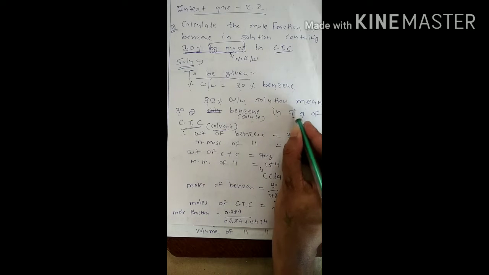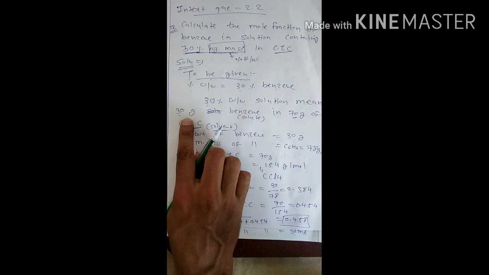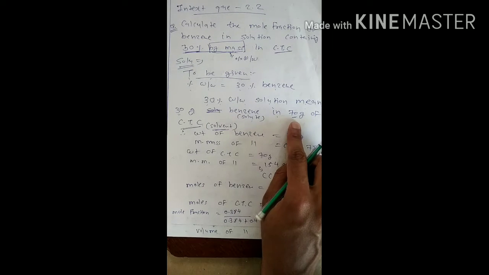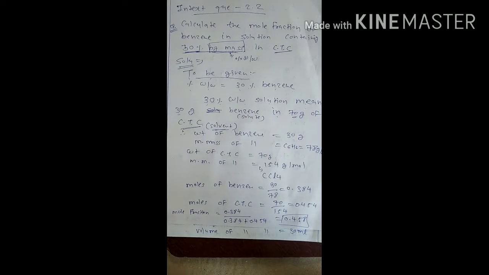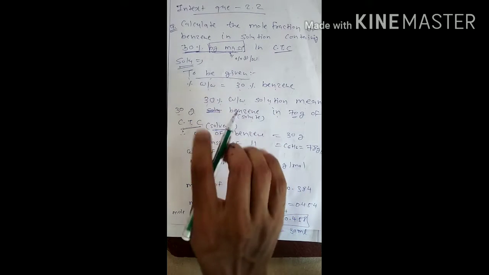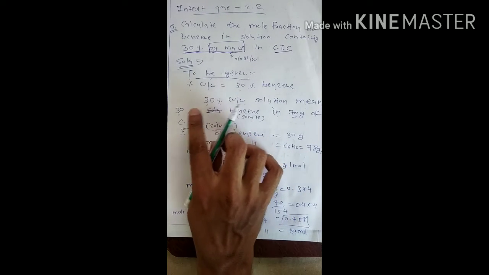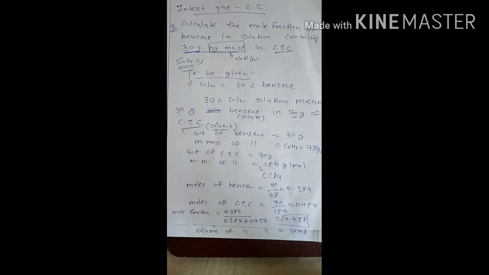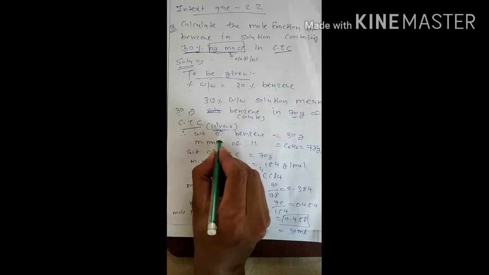Where did 70 grams come from? Subtract 30 grams from 100. You will get 70 grams. In each and every question, if percentage weight by weight is given to you, then you have to follow this. Take as many grams of solute as the percentage given, subtract it from 100, and what remains is your solvent.